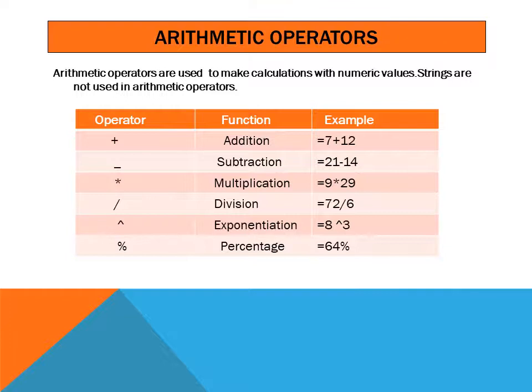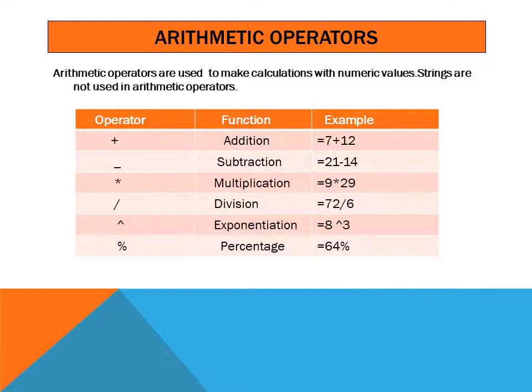Then exponentiation, that is very important. I hope powers and exponents you have studied in maths, right? So that is the symbol of power. Exponentiation here is a symbol of power. So that means 8 raised to 3. 8 raised to 3 means 8 into 8 into 8, we have to multiply 8 three times.